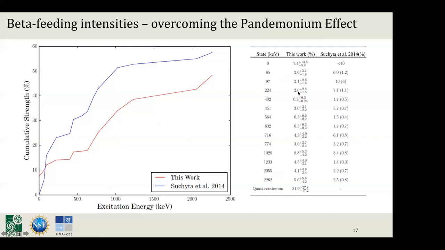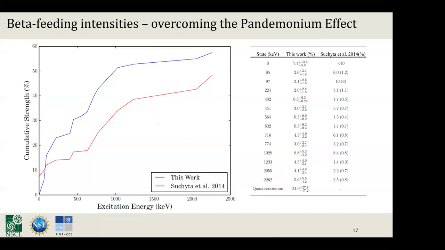You can see that effect here when you compare the lowest-lying state feedings determined in this work. Here we have about 2% to 2.5% for some of the lowest-lying states. In 2014, which used the SegA array, you can see that it's much higher. And that will lead to abnormally strong beta decay transition strengths for those lower-lying states. That is extremely obvious here for the ground state transition strength, where Scott estimated an upper limit of 40%, and in reality we see that it is much lower, about 7.5%.